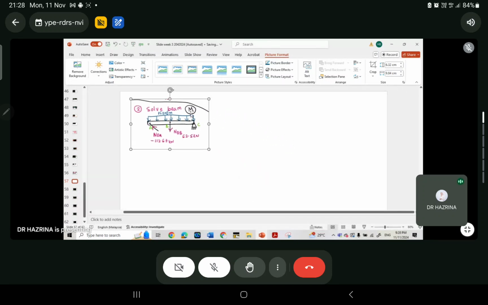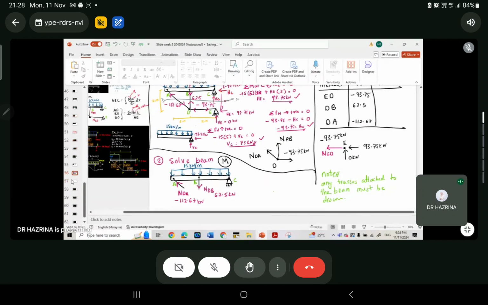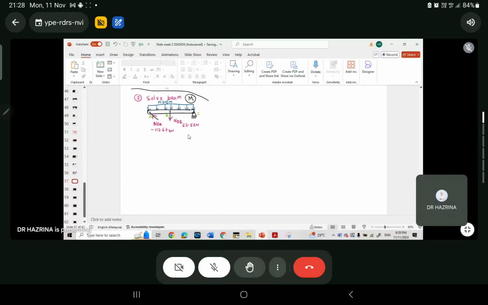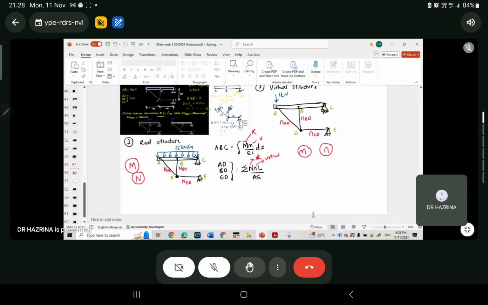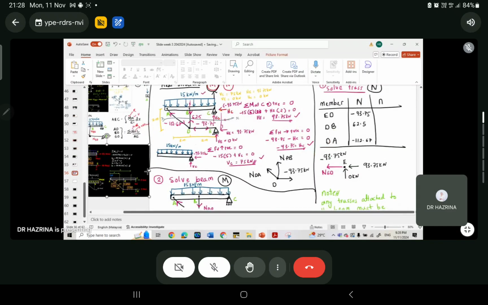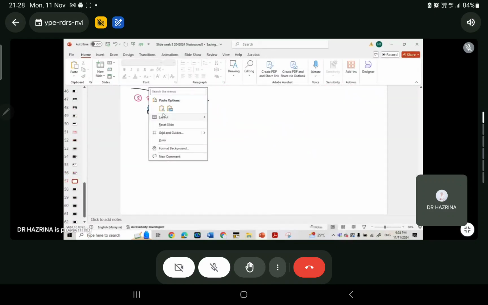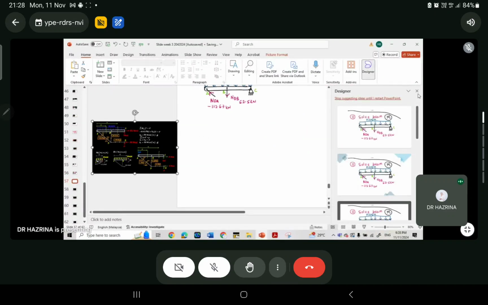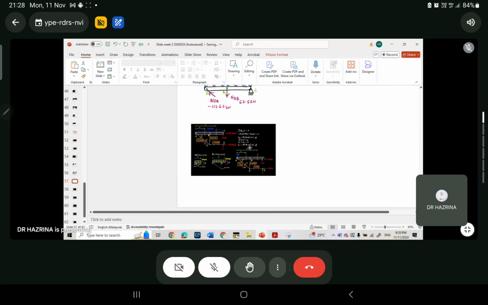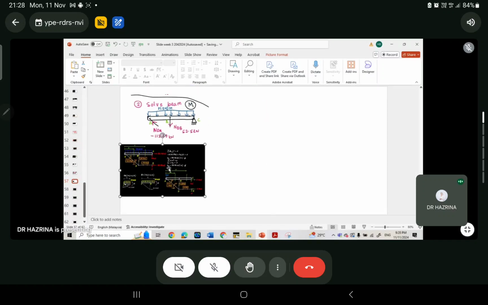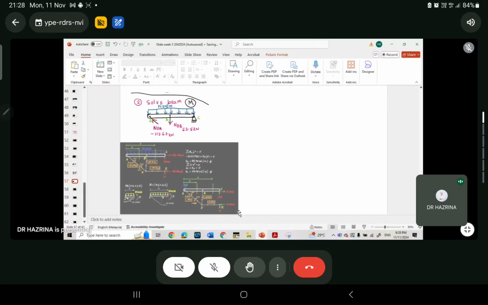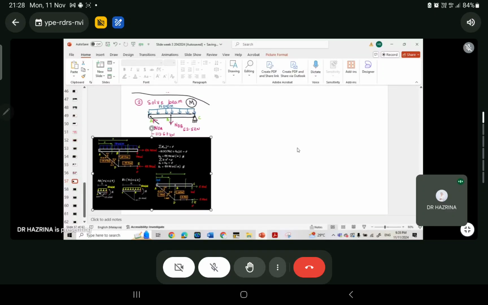Okay. So, you ada beam sini. Okay. So, dalam case ni, kalau you tengok, so here will be the solution for you.